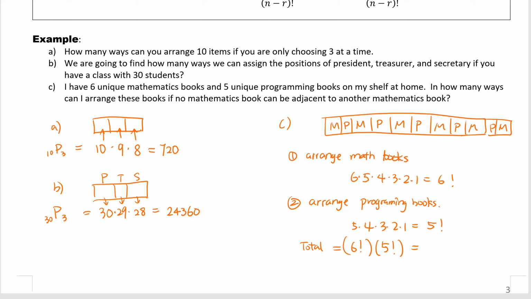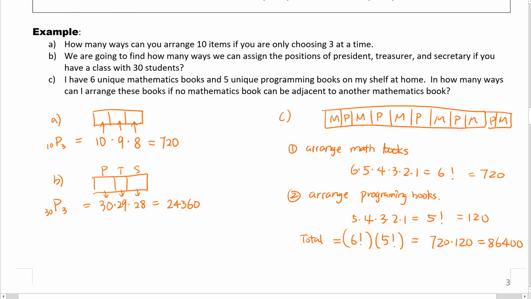What is that? 5 factorial is 5 times 4 times 3 times 2 times 1, that's 120. 6 factorial is 5 factorial times 6, so 6 times 120 is 720. Then 720 times 120. Let's put this in our calculator. I get 86400. So this is part C.